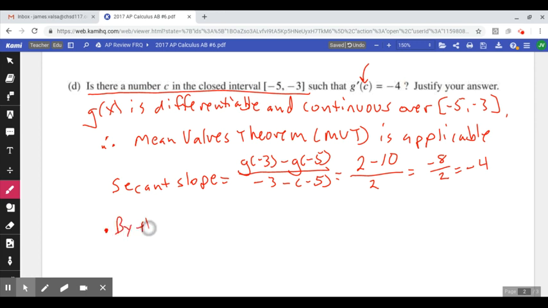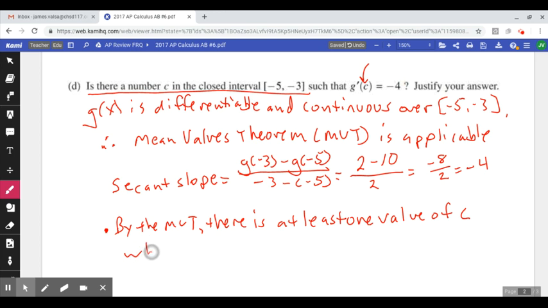So by the MVT, there is at least one. There could be more than one, but there's at least one value of c where g prime at c is equal to negative 4.